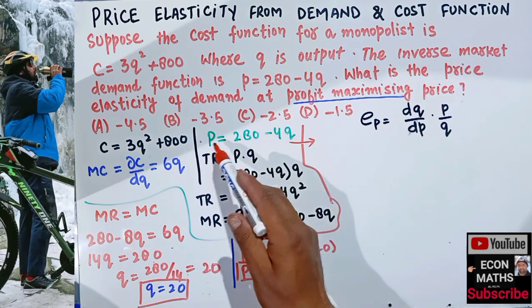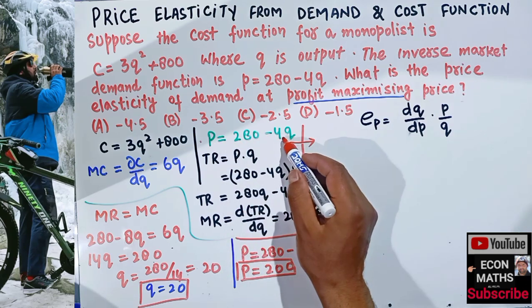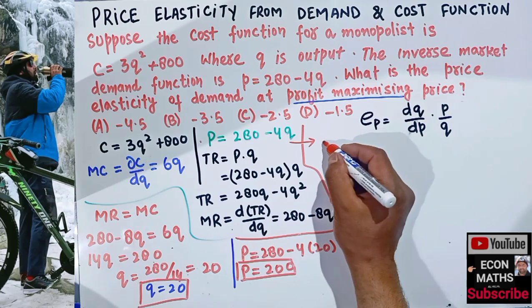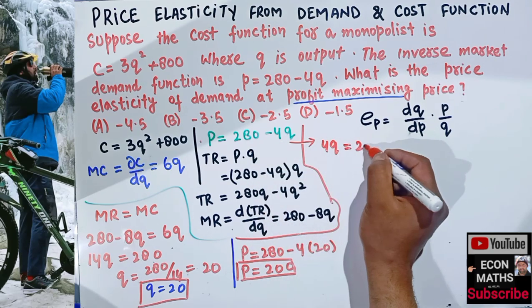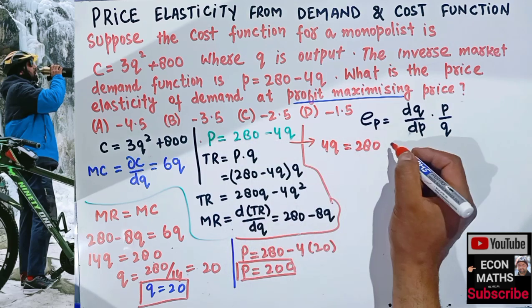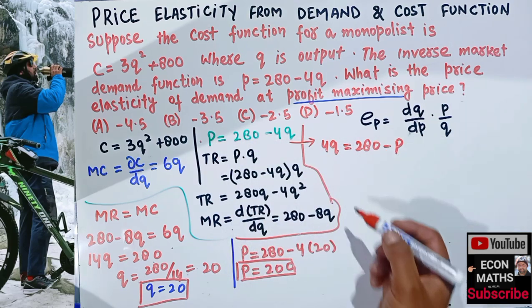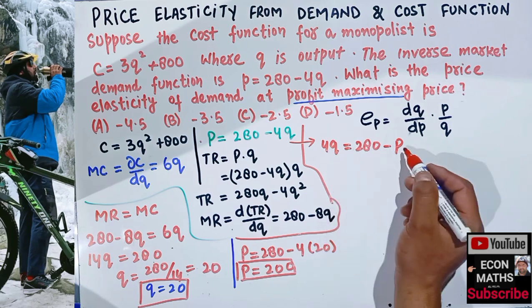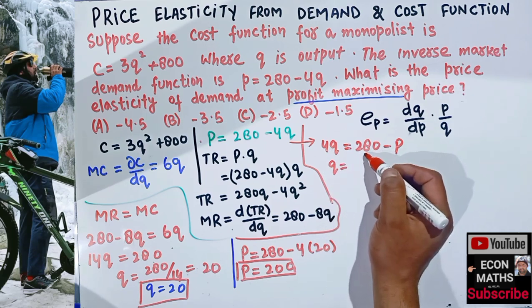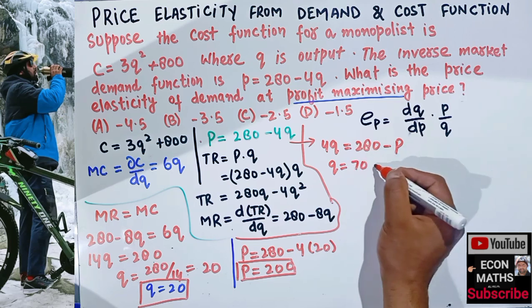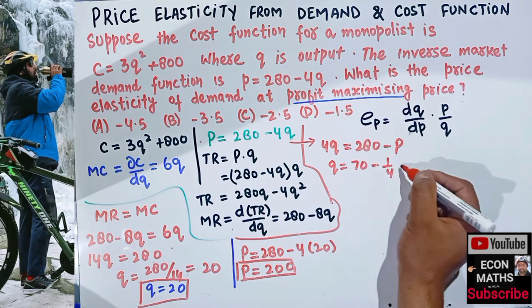If I transpose 4Q to the left-hand side, it becomes 4Q positive equal to 280 minus P. Dividing both sides by 4, we get Q = 70 - (1/4)P.